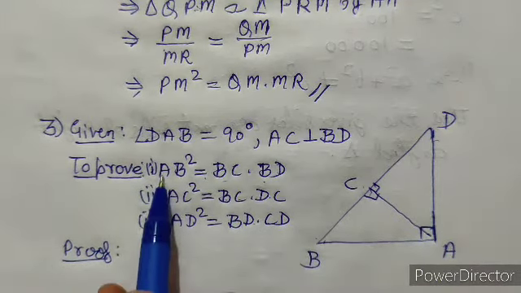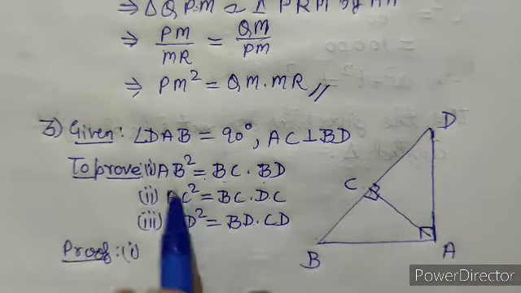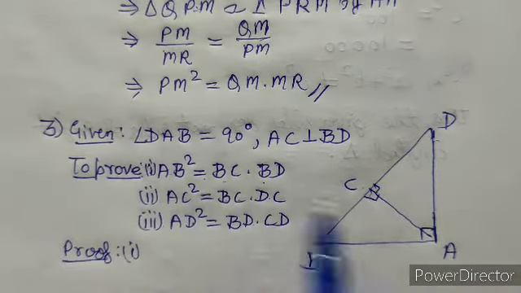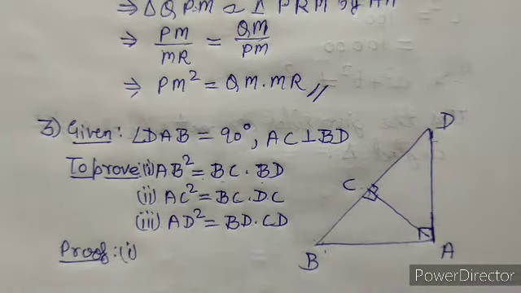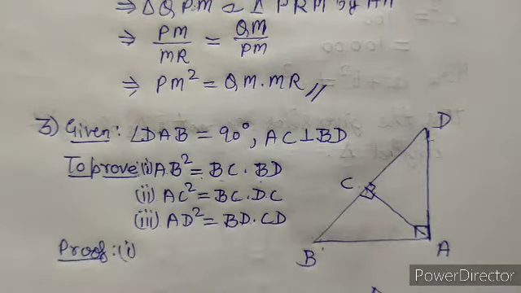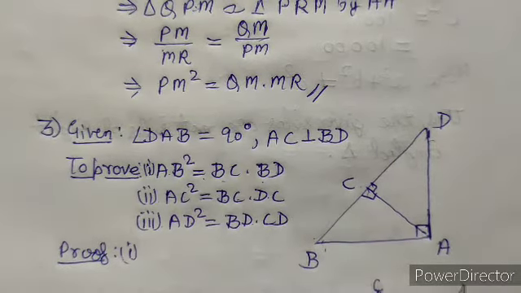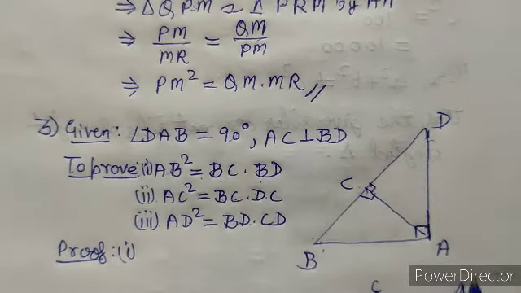Now here in first part we have to find the value of AB square, and AB is common side of triangle ABC and DAB.